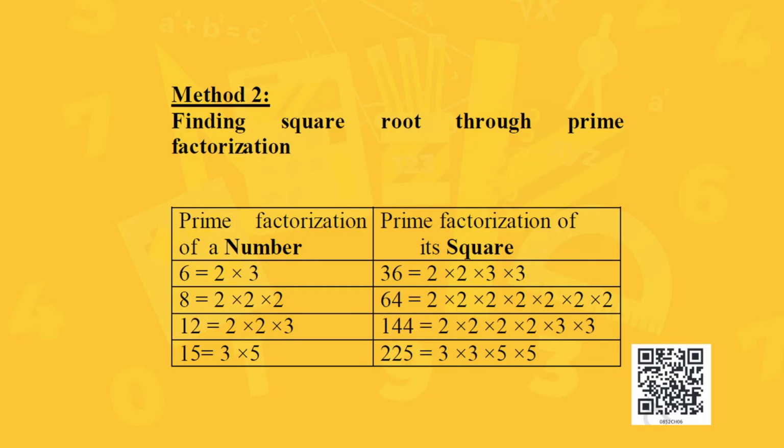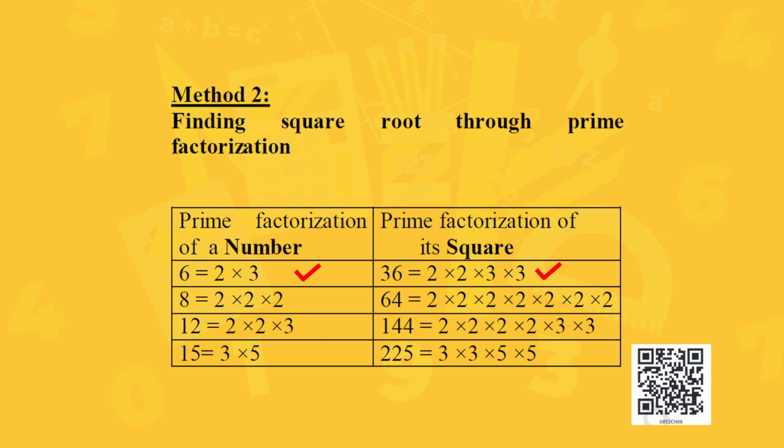In the given table, the left column represents the prime factorization of a number and the right column represents the prime factorization of its square. Look at the number 6, whose prime factorization is 2 multiplied by 3.